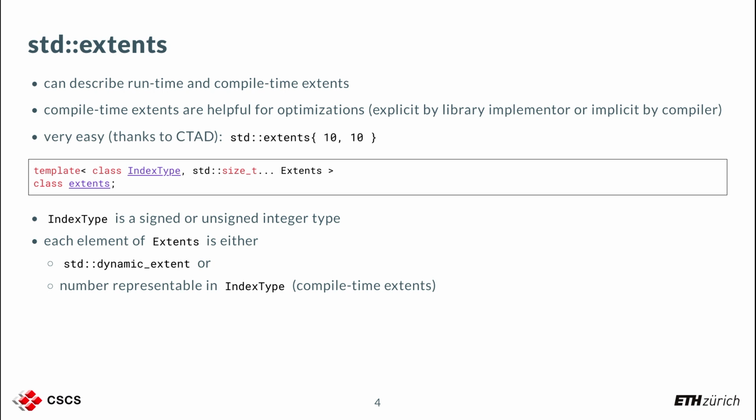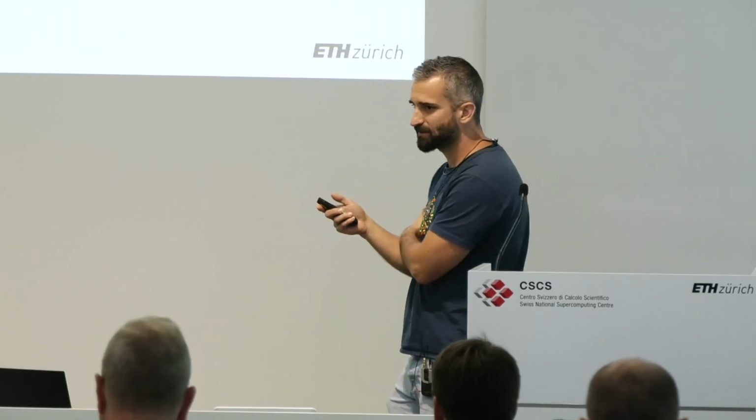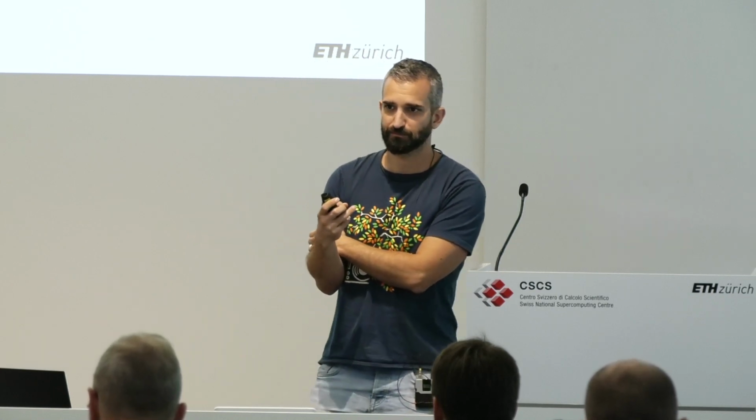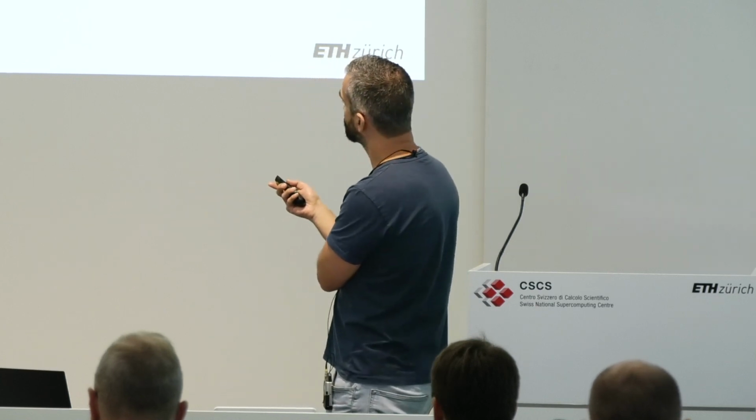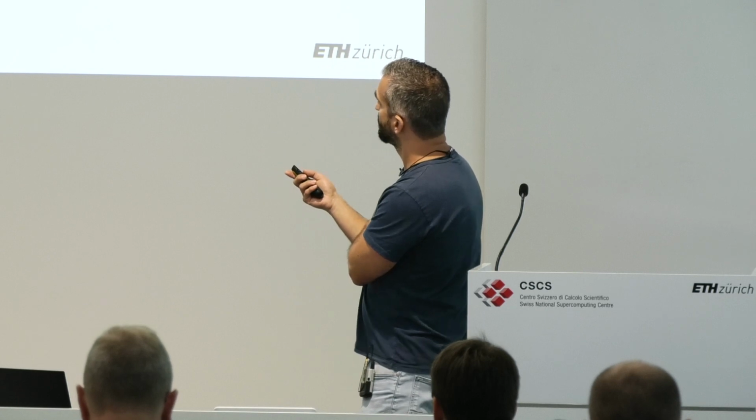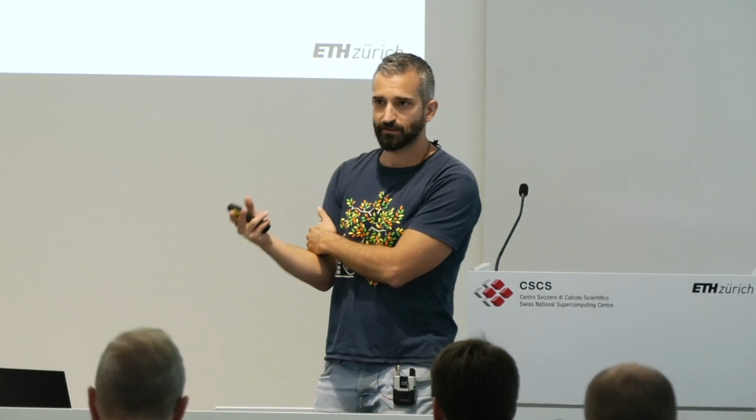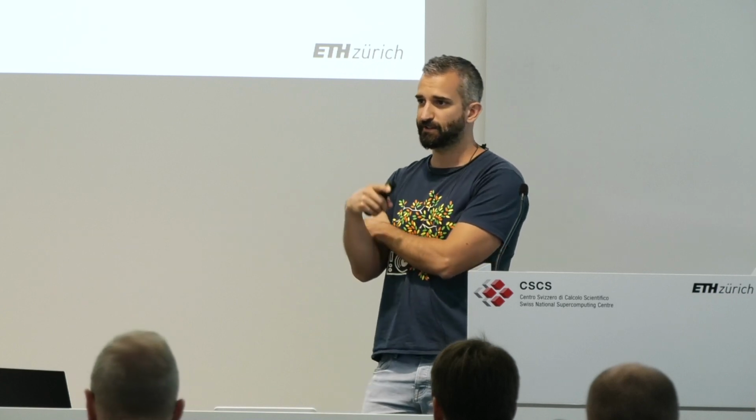So what is index type here? Index type is basically what type you use for your indices, and the default is size_t, which is an unsigned int. Unsigned ints have a specific property: they wrap around.